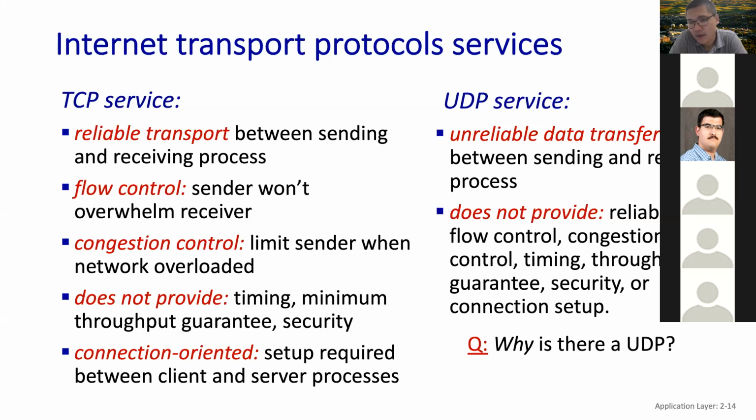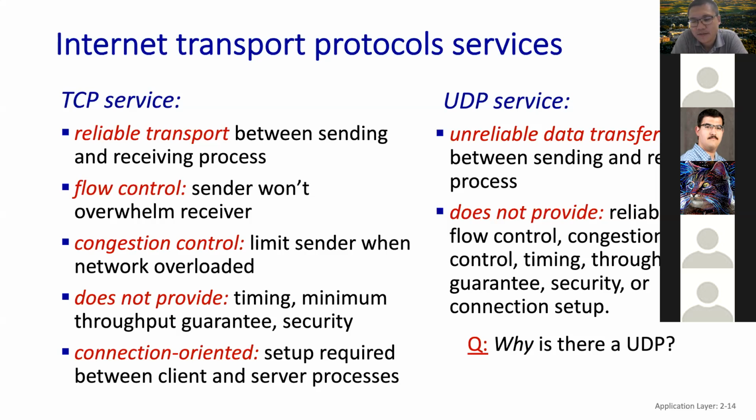Then my quick question here is why we need a UDP, right? I think I mentioned that in the last lecture, but quick question, why do we need a UDP? If you know that, you can say it or type it in the chat. UDP cannot guarantee a lot of things, but why do we need the UDP?